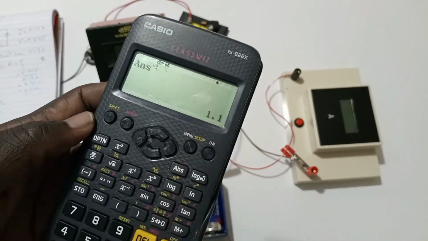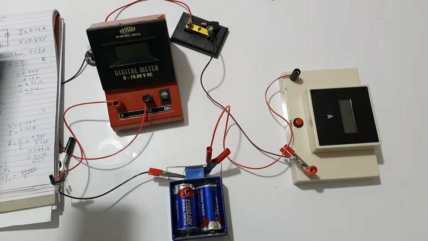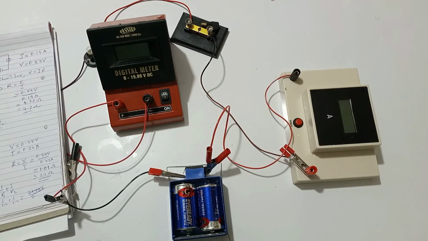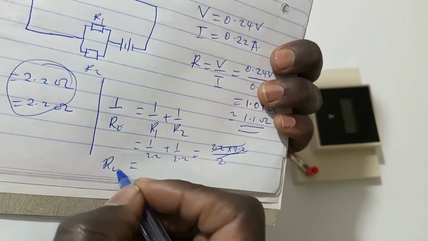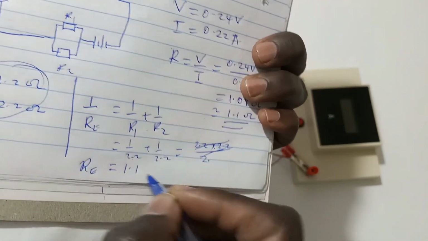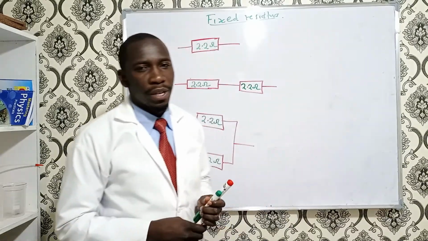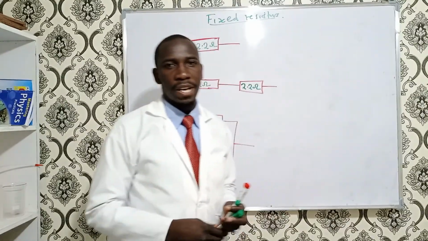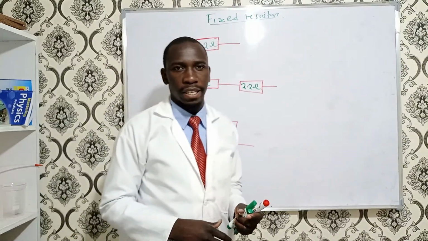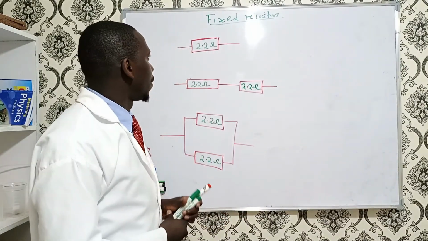That is 1.1. So indeed this shows us that this is the right formula to use to find the effective resistance when they are connected in parallel. So that is 1.1 ohms, which is almost the same as this.